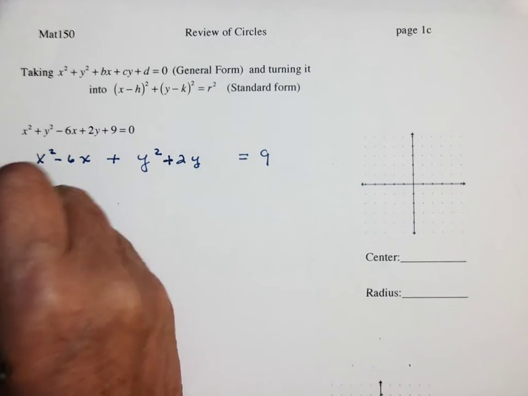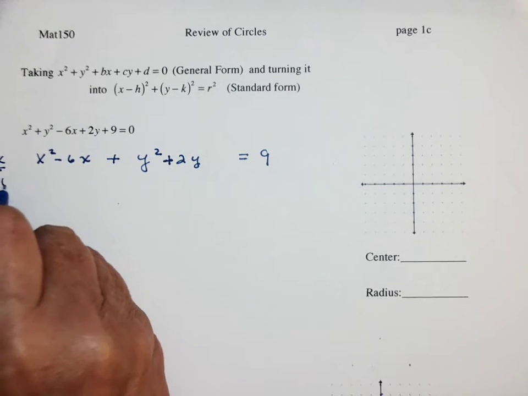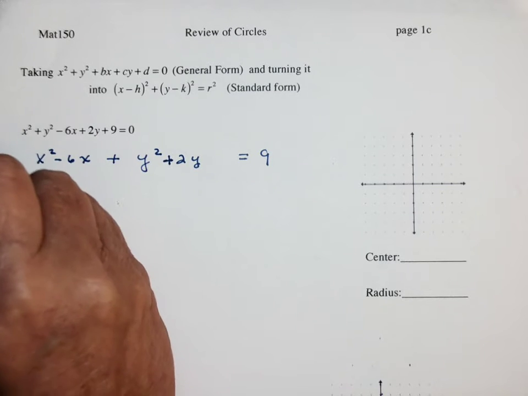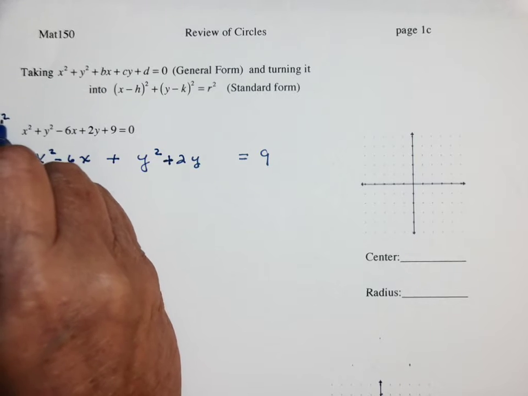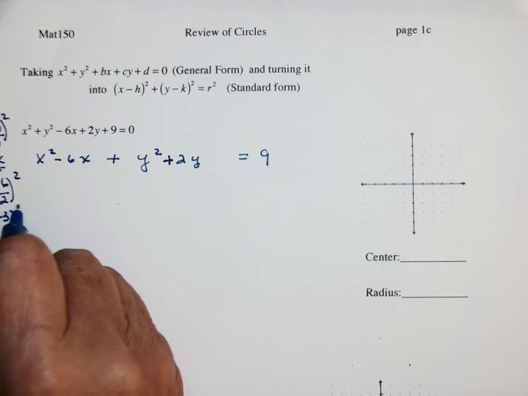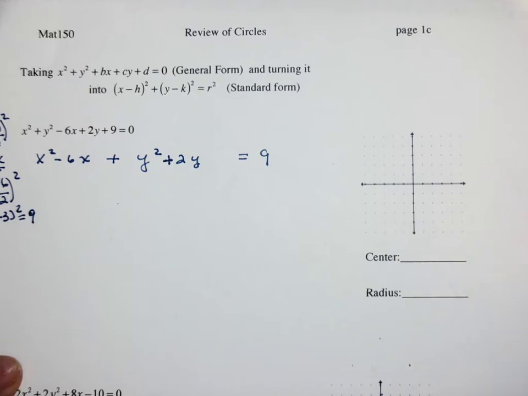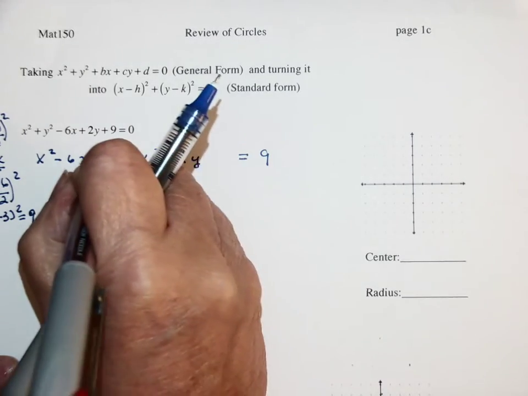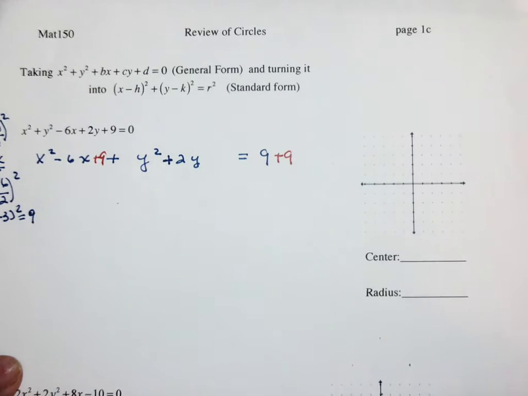So on the x, I take negative 6 over 2, b over 2. So remember, the formula is (b over 2) squared, which is negative 3 squared, or 9. So what do I do? I add 9 to both sides.